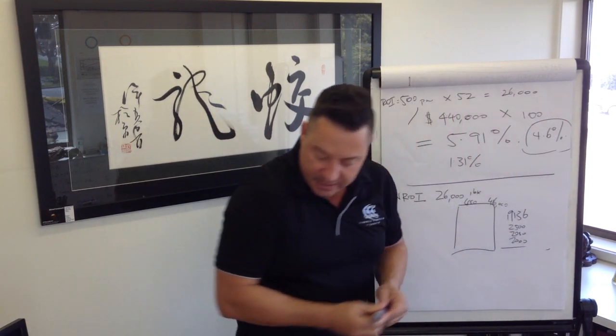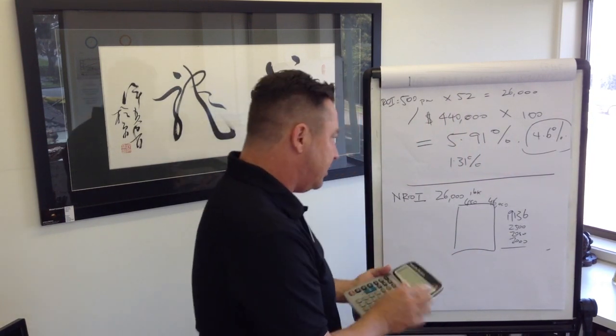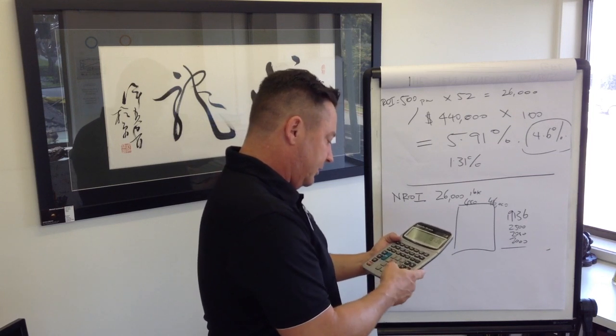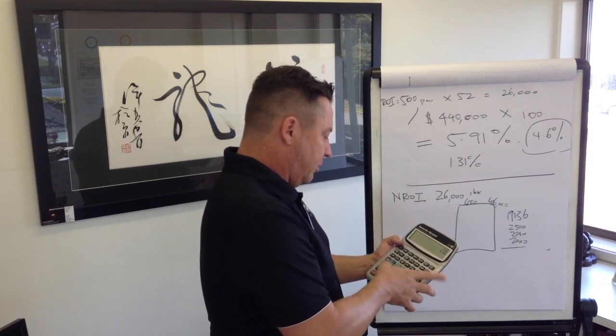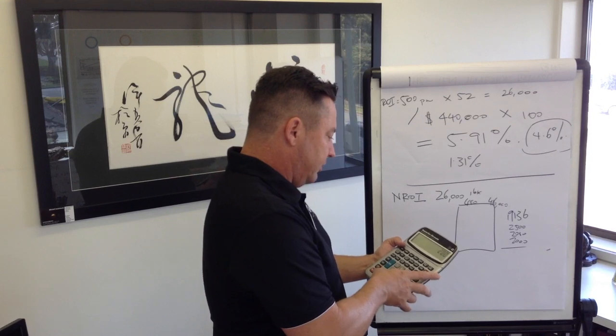Okay, so we're going to add up those numbers and make it per annum basis. 19,136 plus 2,500 plus 2,080 plus 2,000.